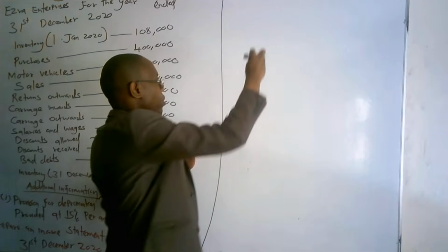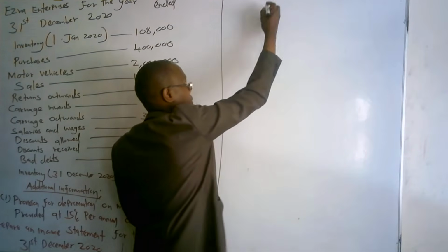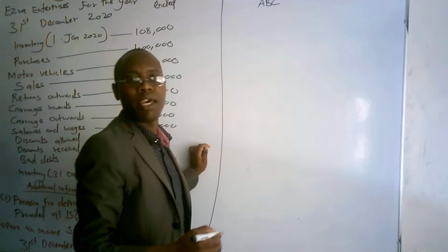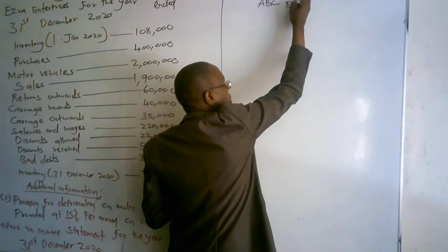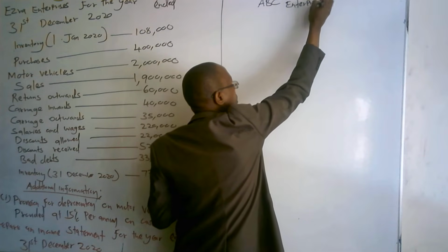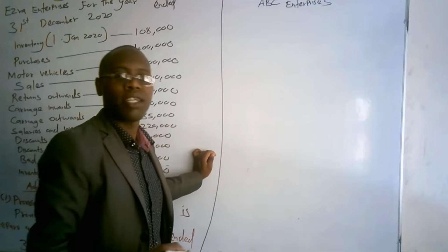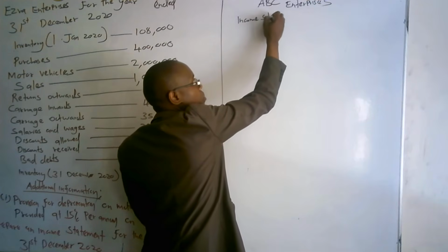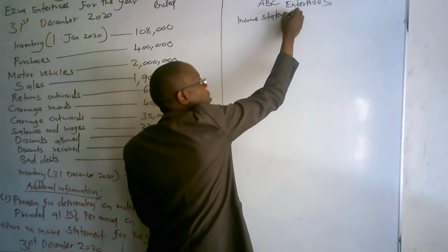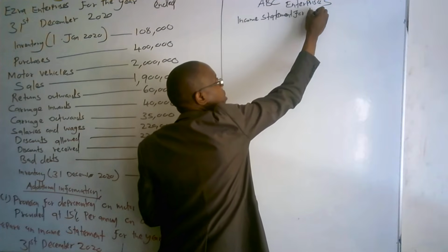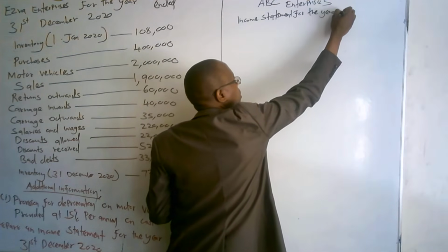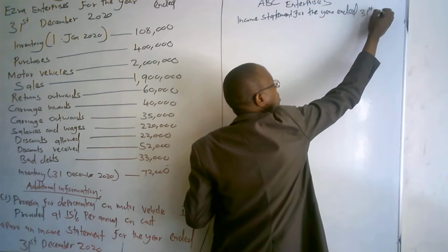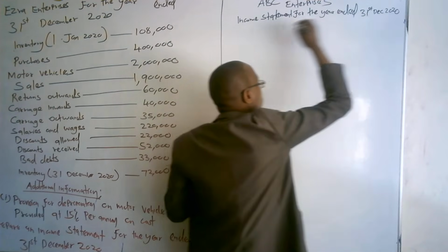For example, we can have a title like ABC Enterprises, Income Statement for the year ended, maybe 31st December 2020.